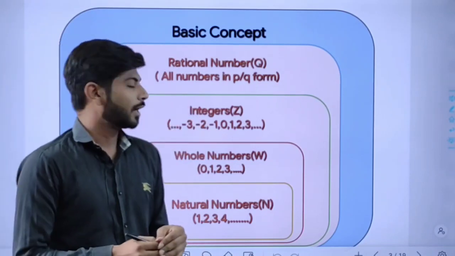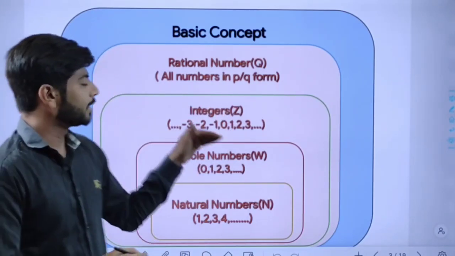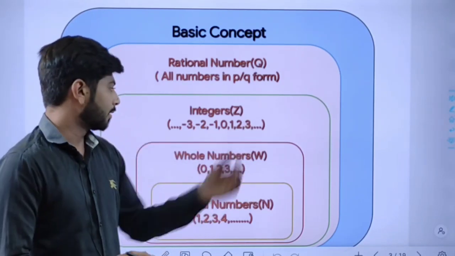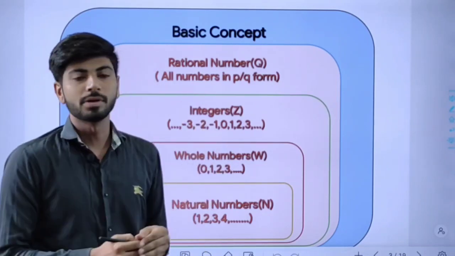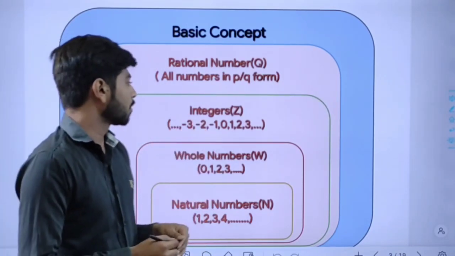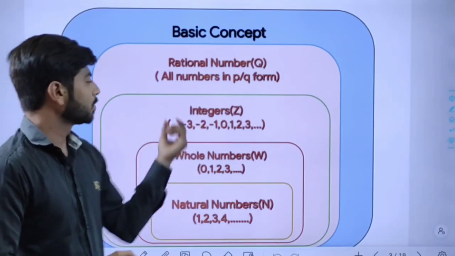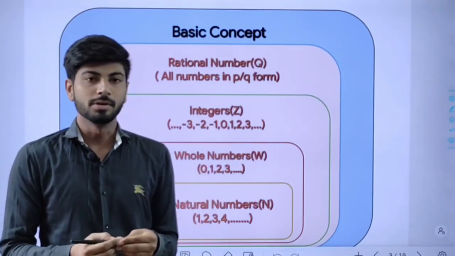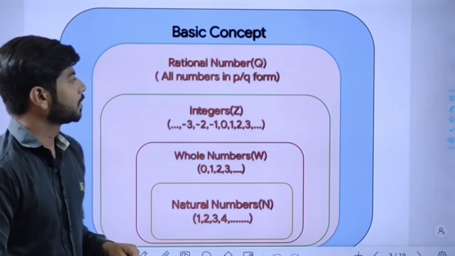Now integers are denoted by capital Z. In integers, whole numbers are there, but also there are negative numbers, and negative numbers are also up to infinity. So integers contain negative numbers, 0 and positive numbers. Now rational numbers.